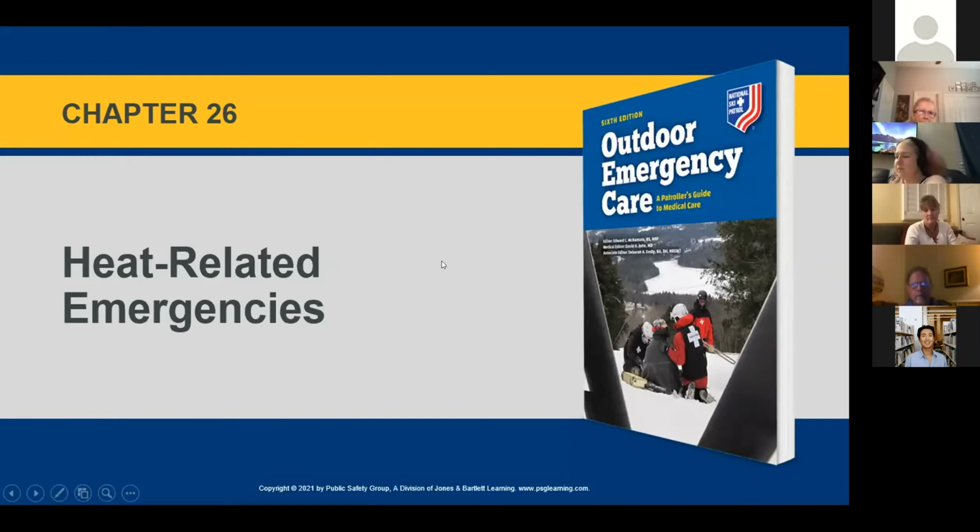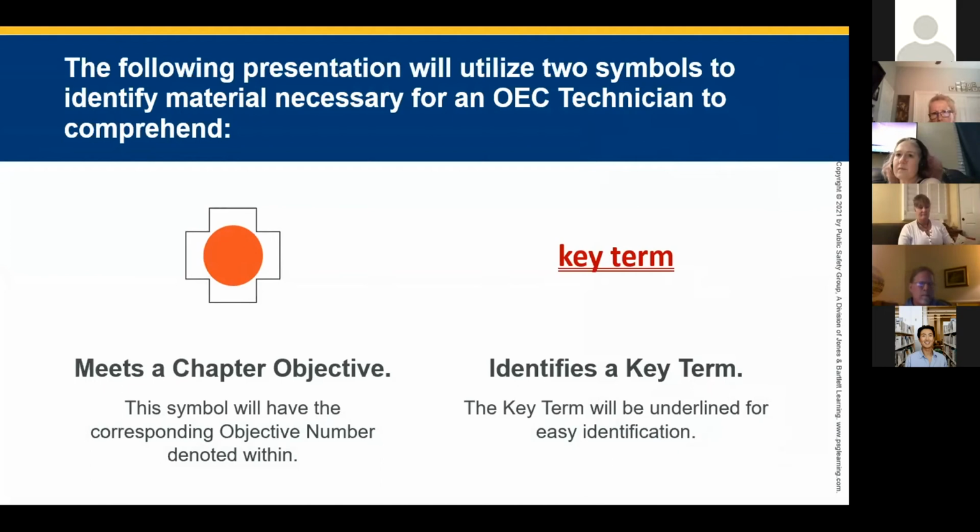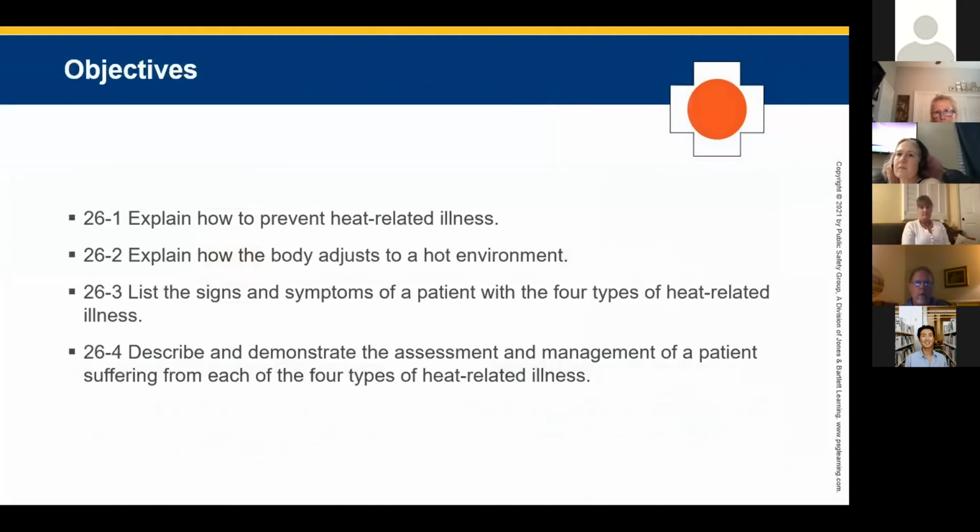So heat-related emergencies. Did anyone put a thought to this one, heat-related, especially when you're up in the mountain? Explain how to prevent. Skiing and exhaustion, okay, sounds good. How about those summer days? How about those sunny, snowy days?